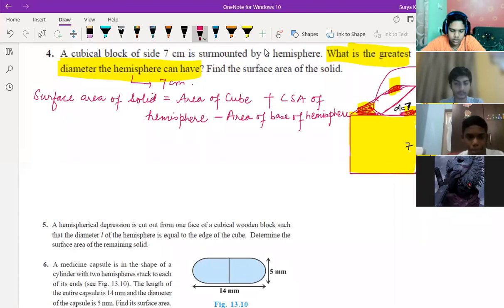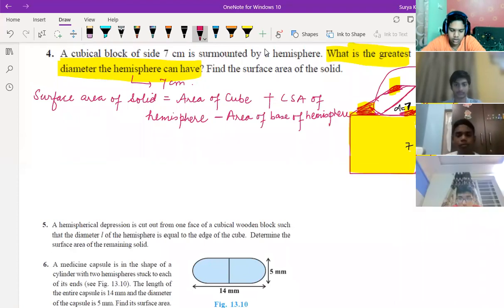You can imagine, children, what we are doing here. It looks very complicated, right? See, area of cube means we are finding all the sides. But apart from the 6 sides, this orange part will not come into the picture, and that is nothing but the area of the base of the hemisphere.